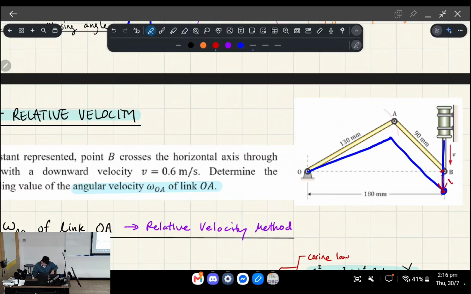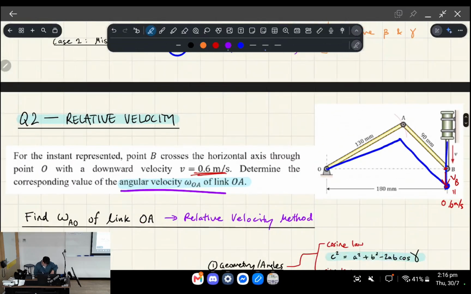So this is the velocity of B. We're told what the velocity of B is: VB is 0.6 meters per second. And we're also asked to calculate the angular velocity, which we're going to call omega OA, of link OA. Think of it like inputs and outputs.